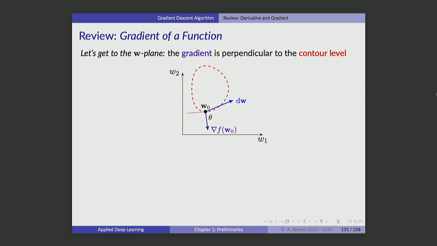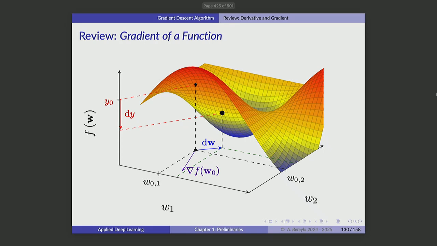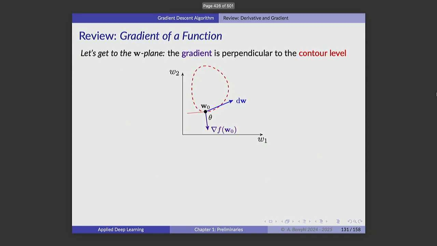When I look from above, I still see my direction of move, W, and I can also see my gradient, because they lie on the W surface. If I cut it and look from above, I still see W and the gradients, right? Correct?